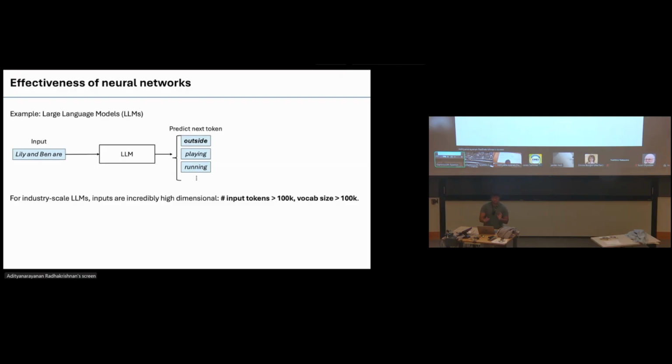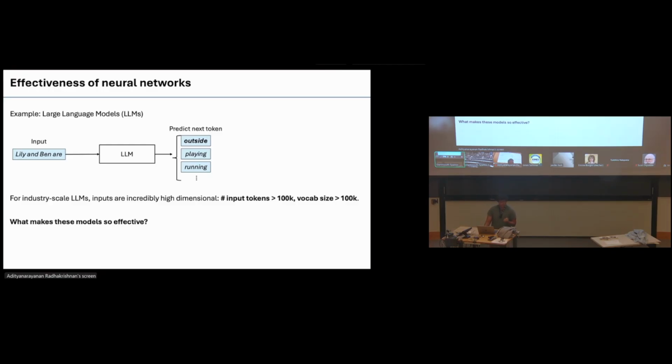If I was to look at the space of all possible tokens and vocab that are going into this thing, I have 100K by 100K matrices that I could populate. This is just an insane amount of data that could exist.